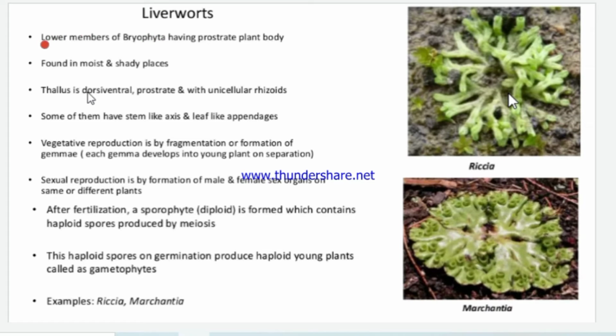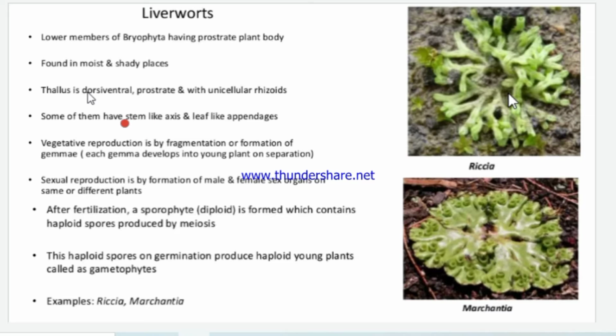They are the lower members of bryophytes having a prostrate, thallus-like plant body. They are found in moist and shady places. They are dorsiventrally flat and have unicellular rhizoids. So this is their characteristic feature, unicellular rhizoids and dorsiventral flat body.